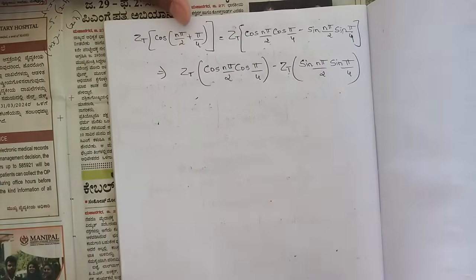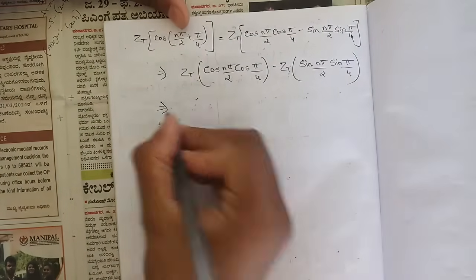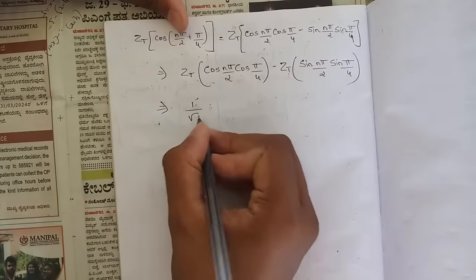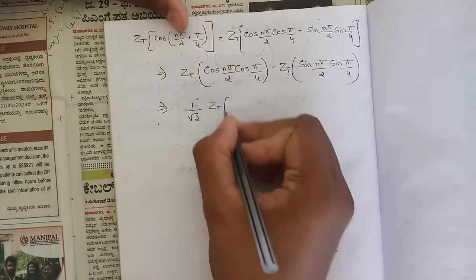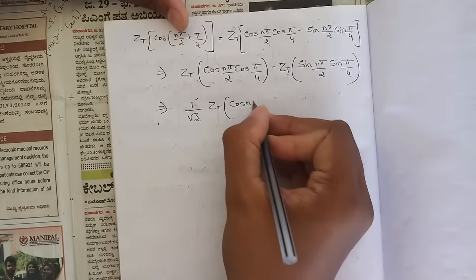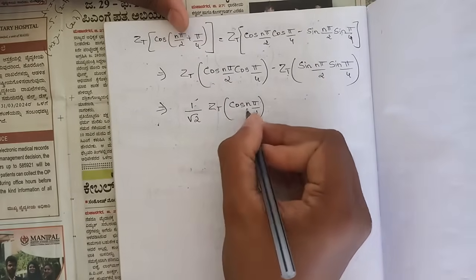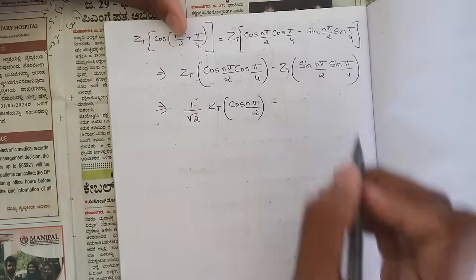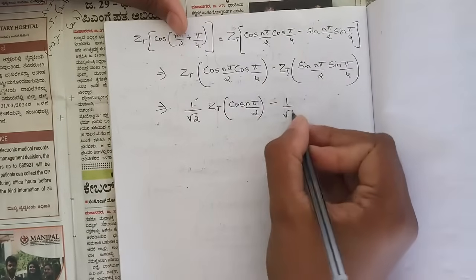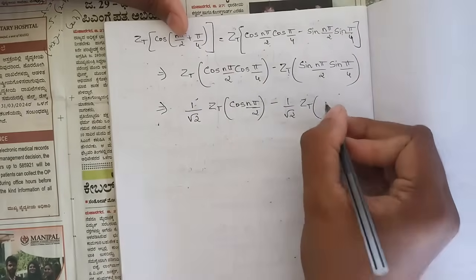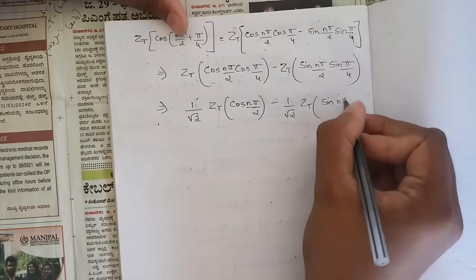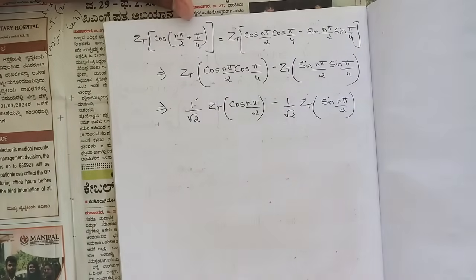We have a fixed value for cos pi by 4, that is we have written in one problem 1 by root 2. So we'll take that 1 by root 2 outside and we'll write the z transform of cos n pi by 2. Again here the value of sin pi by 4 is 1 by root 2 sin n pi by 2.